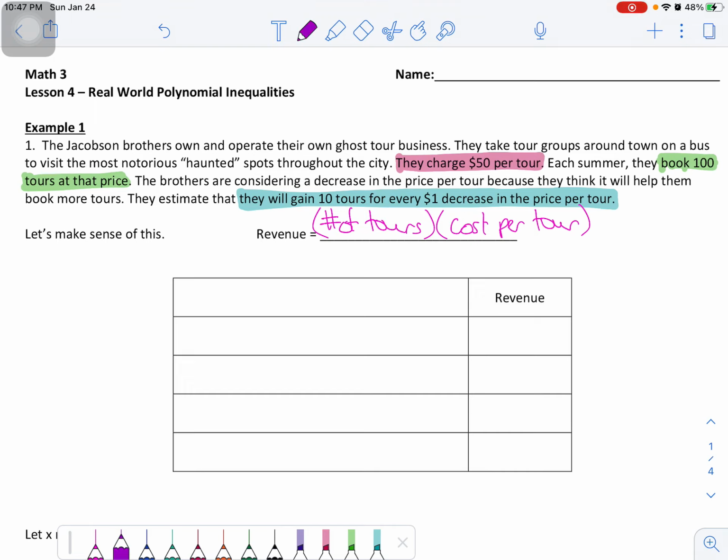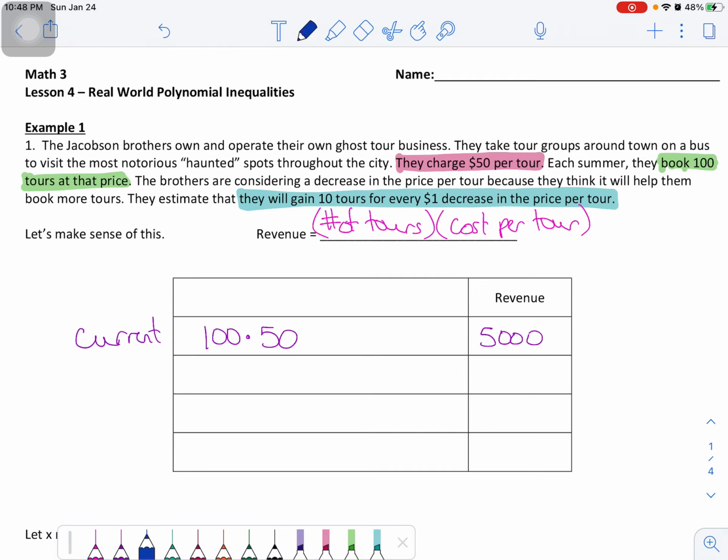So right now, this is the current. All right, so right now they book 100 tours and they charge $50 per tour. So their revenue would be an even $5,000. Okay, that's the simplicity of the very beginning part.